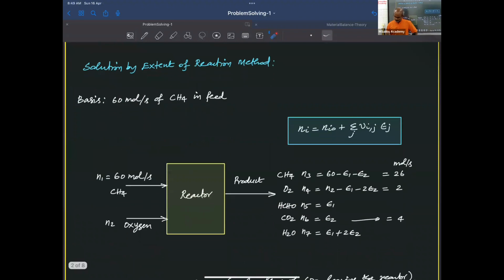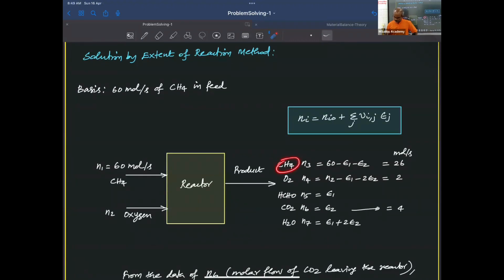For CH4, we write Ni, which is nothing but N3 here. Ni naught is the initial amount of methane, which is simply N1, and this amount is already known to us: 60 mole per second.